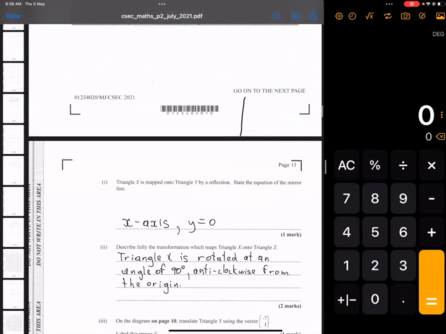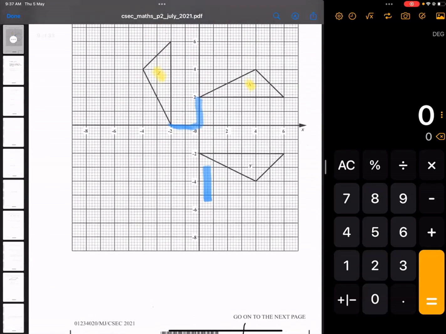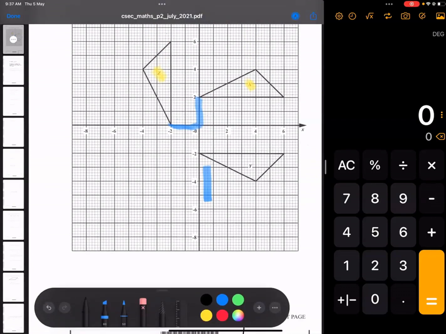Let's just look back at the graph to be sure. Yes, indeed.